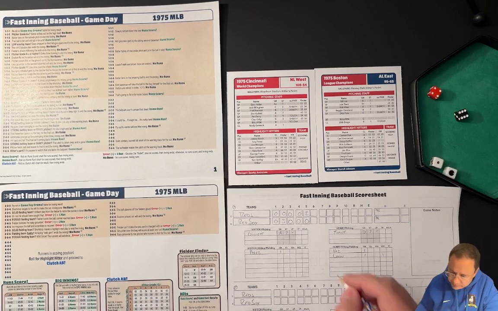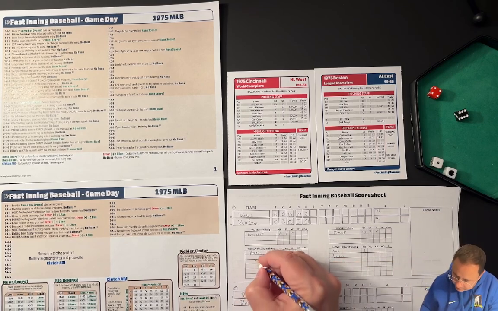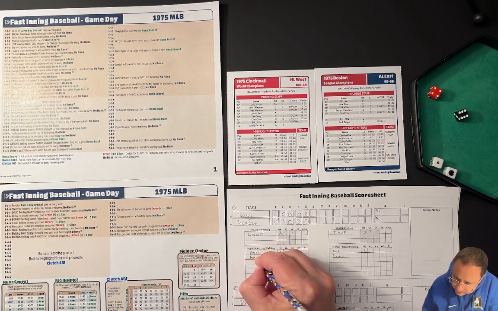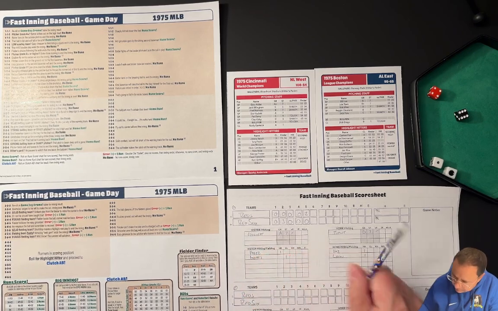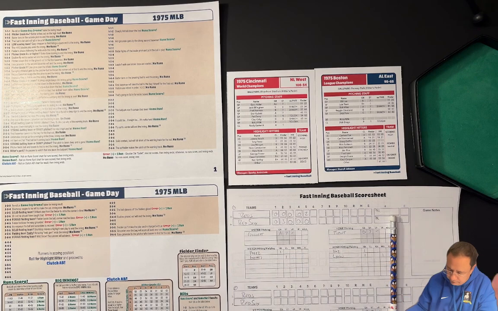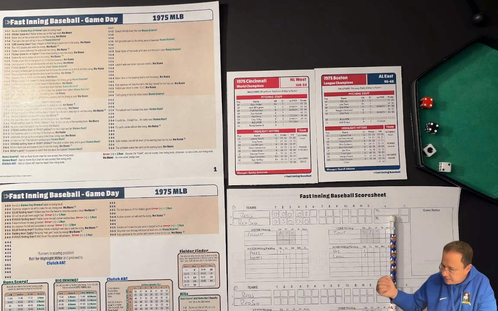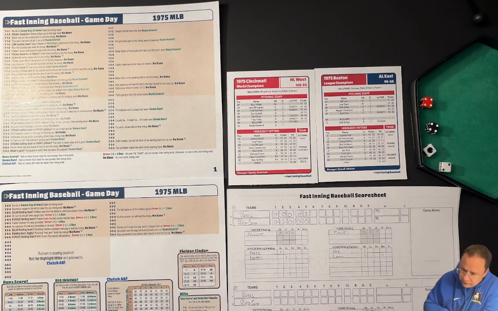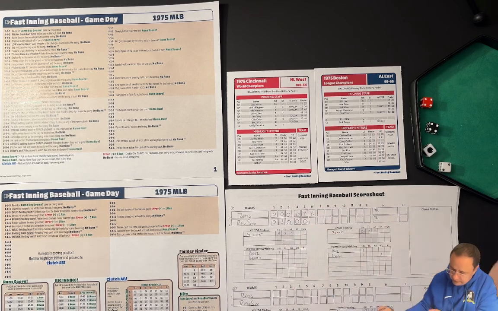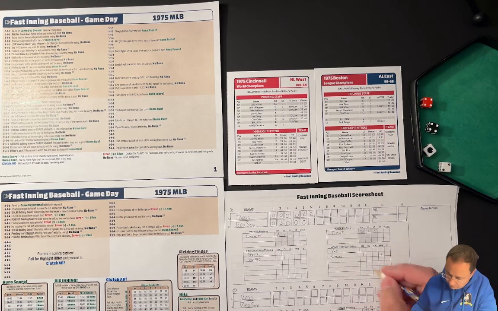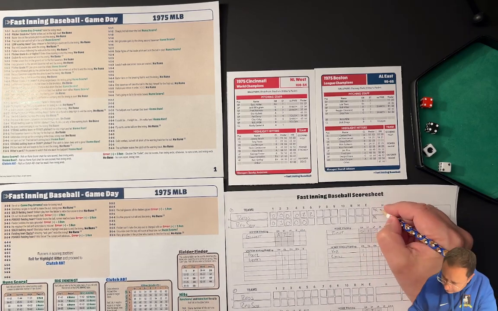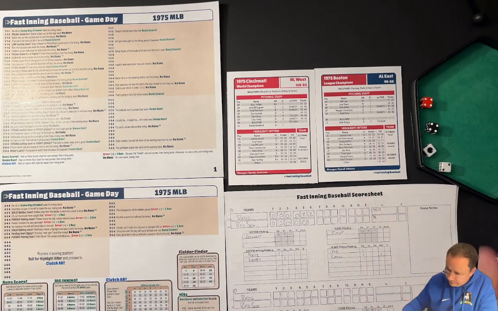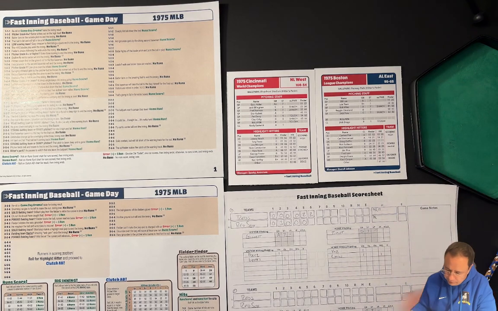Ken Griffey comes through with the clutch hit. Let's see how many runs score for the Reds here in the top of the 6th. 42, and they are high. 2 runs in, and the Reds take a 4-3 lead on 3 hits.